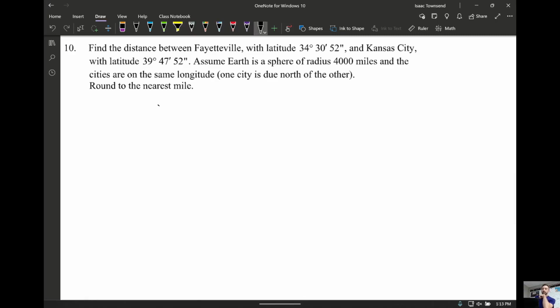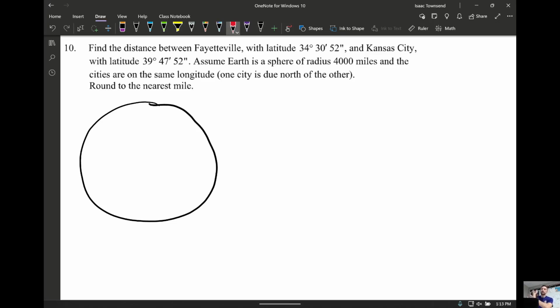So here's my Earth. Now, since both of these are on the same longitude, kind of the trick or what you need to do for the picture is you need to imagine that you turn the Earth so that the cities are just kind of on the edge. Now, I'm going to try to make this as accurate as I can. So if this is 0 degrees, Fayetteville is a little bit more than 34.